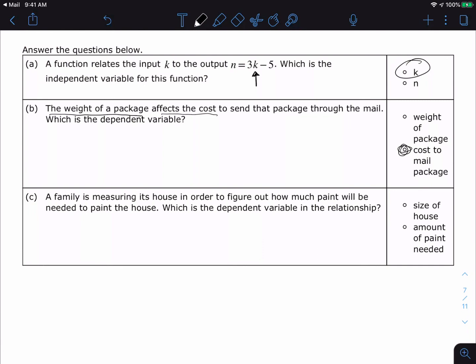And so the dependent variable is the amount of paint needed because the house is going to be fixed. Okay? So just remember, dependent is always what's going to rely on what the other number is doing. And independent is something that can be anything that it wants to be.